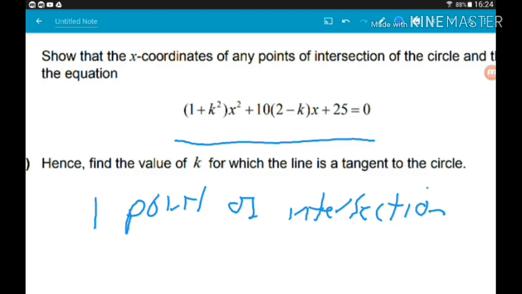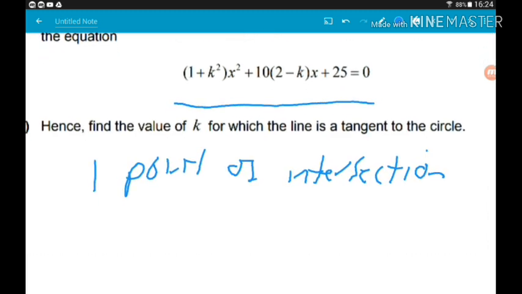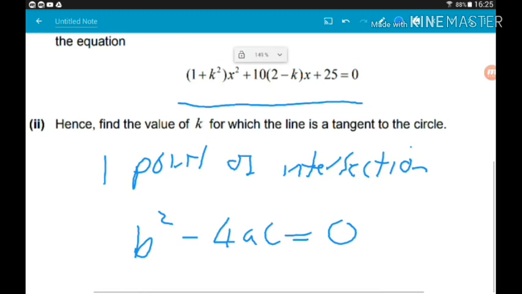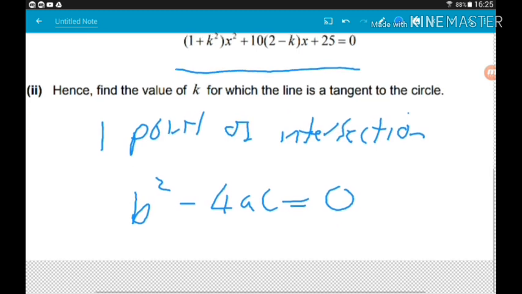So remember the discriminant, b squared minus 4ac, is equal to 0 when there is only one solution. So here then, we want b squared minus 4ac to equal 0. If we substitute our stuff in, b is 10 times (2 minus k).